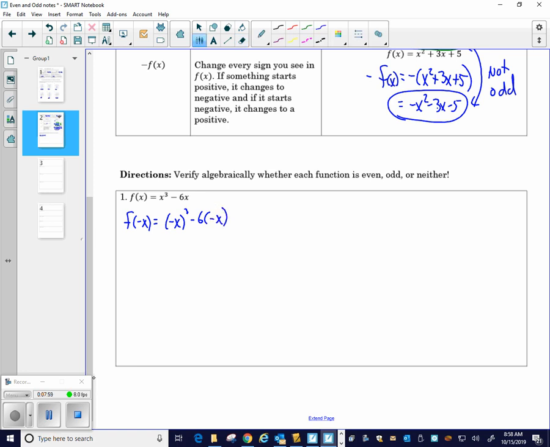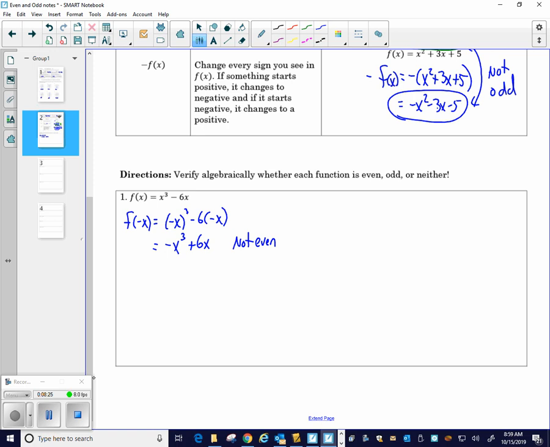And then we'll simplify. Negative x cubed is negative x times negative x times negative x. If I multiply 3 negatives together, I still get a negative, so we get negative x cubed. And then negative 6 times negative x is plus 6x. These are not the same. Not even. F of x does not equal f of negative x.